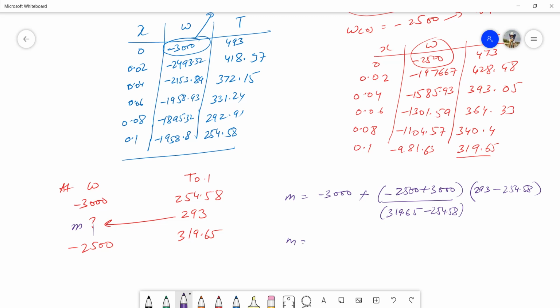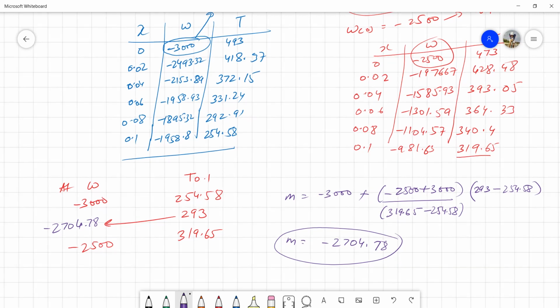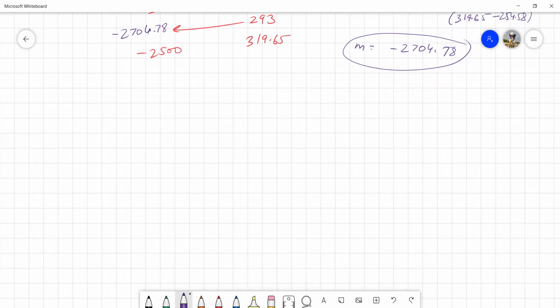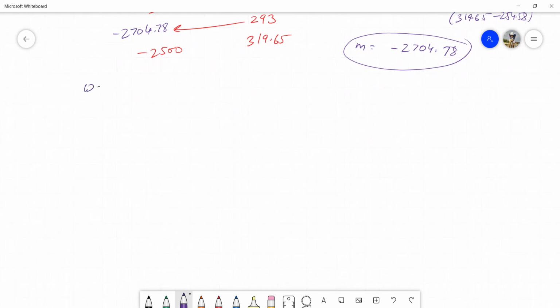So m value comes out to be minus 2704.78. So that means our assumed value should be minus 2704.78.